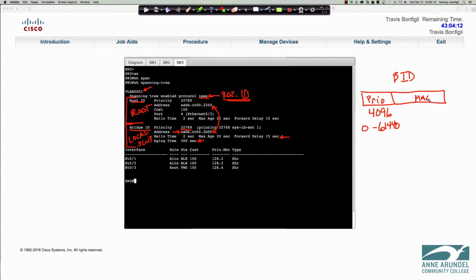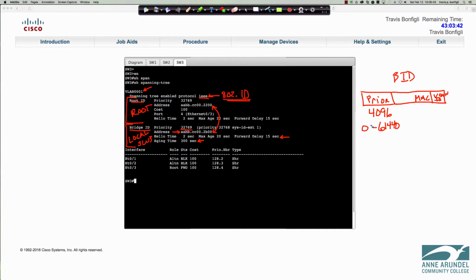Whoops, sorry about that. Is the MAC address of the switch, and then the VLAN ID. And I think I could be drawing this backwards, so I have to take a look at that, make sure. I'm trying to do this off of memory here. And the VLAN ID. So the thing to remember again is that in choosing the root bridge, the first value that's looked at is the priority, right?